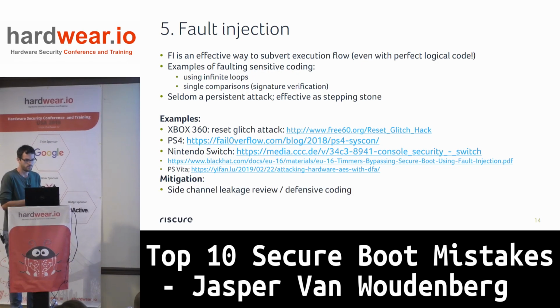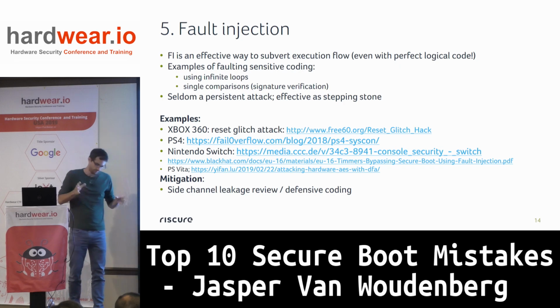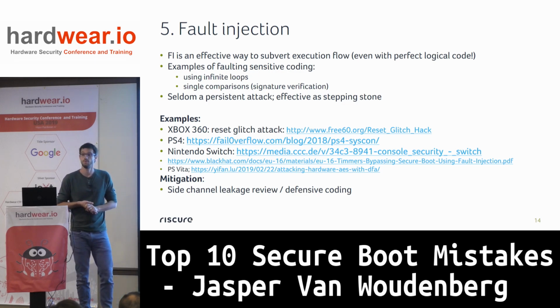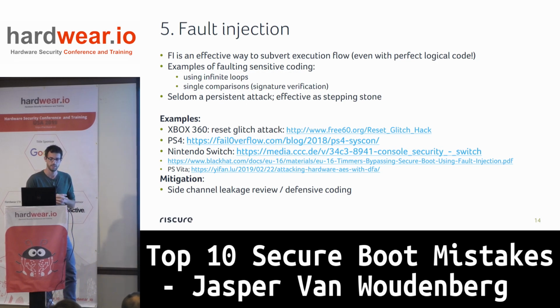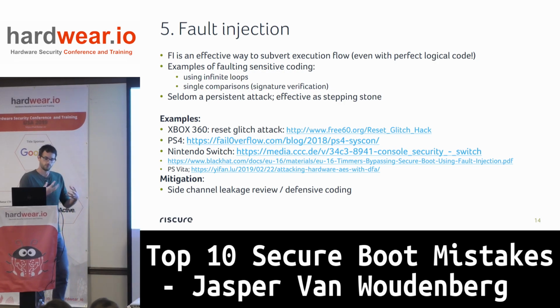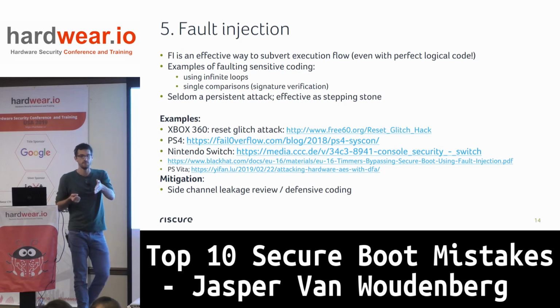So, a bunch of examples of mitigations. There's the hardware approach, which is building in countermeasures against faults, which is rather expensive on the hardware side. There are also things you can do in software to mitigate these attacks. There are certain programming styles, like instead of checking the boot code once, check it twice or three times and see if the signature still succeeds.